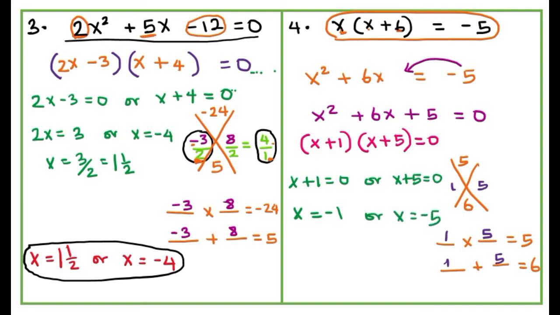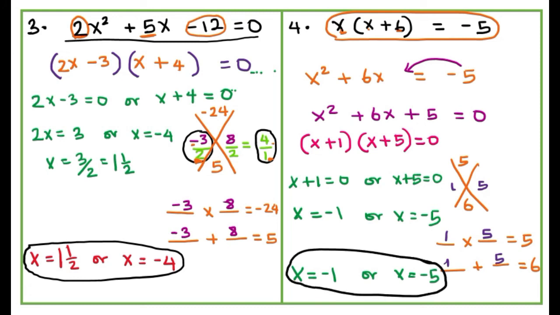So our final answers are x equals negative 1, or x equals negative 5. So these are the solutions to our quadratic equation.